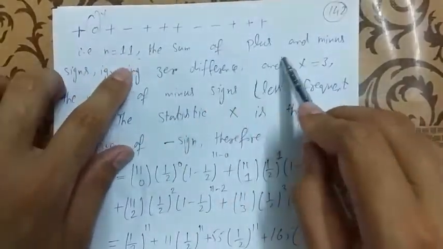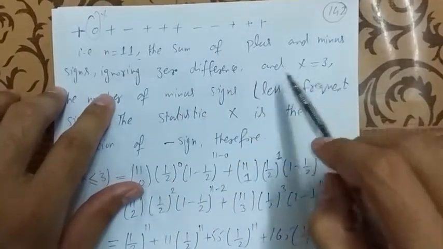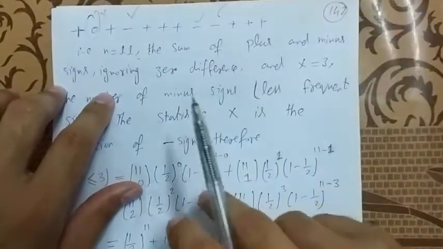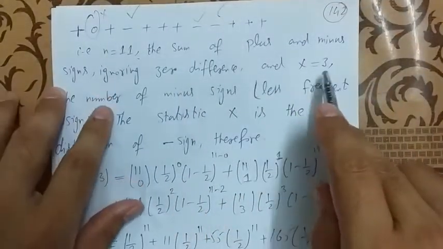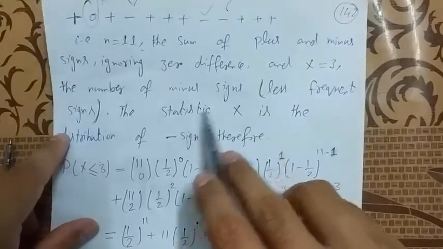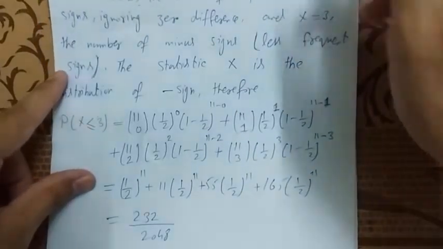We count the plus and minus signs ignoring the 0 difference, and capital X is the one which comes less often. Three negatives come, so we say capital X is equal to 3. The number of minus signs is the less frequent sign, and the statistic X is the distribution of negative signs.